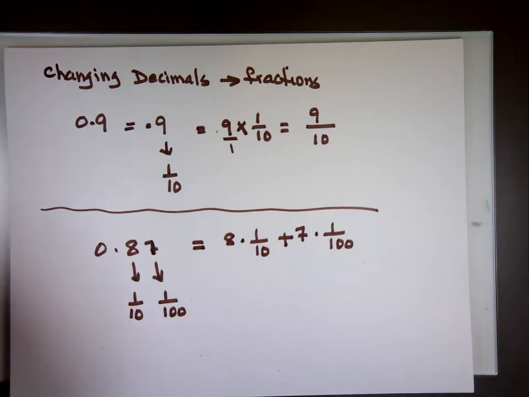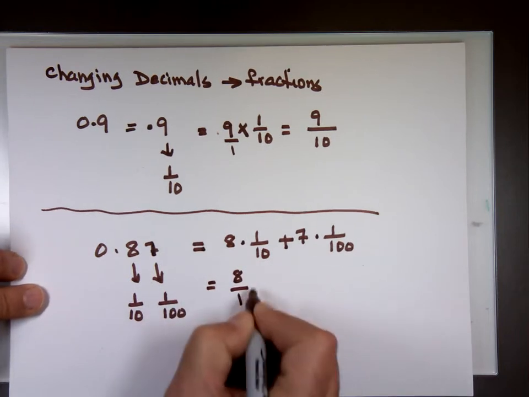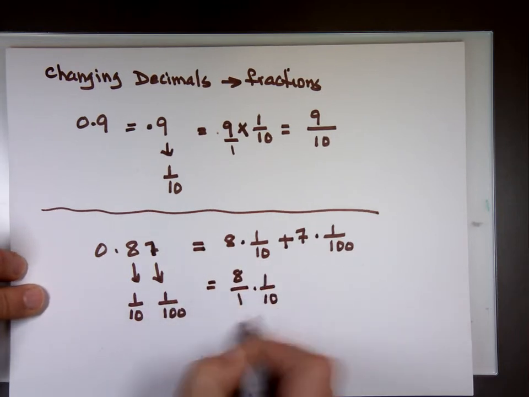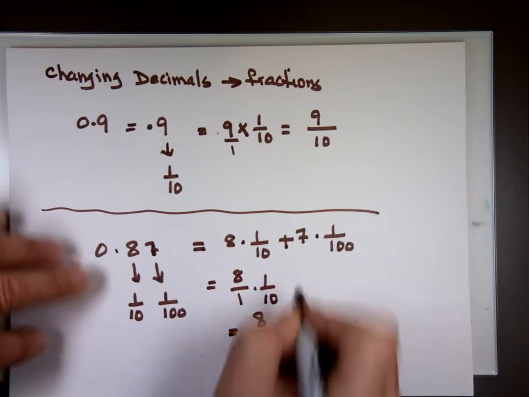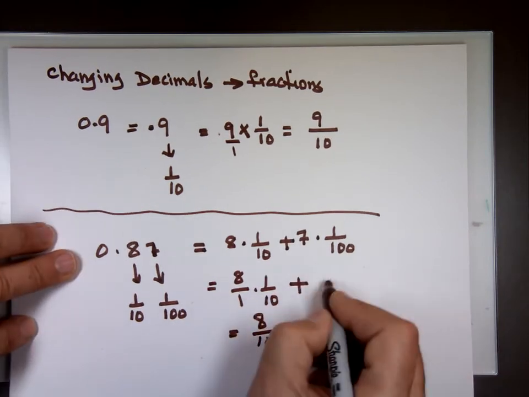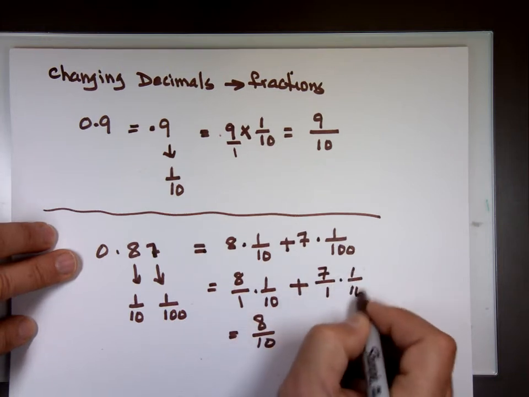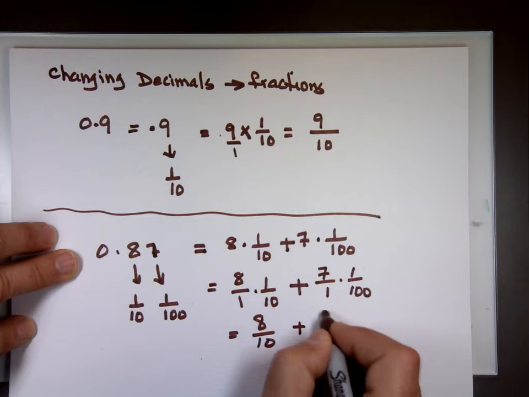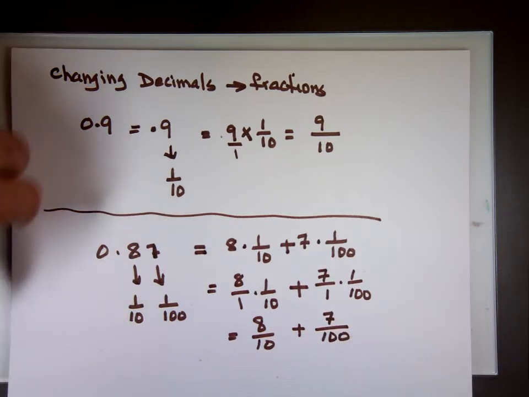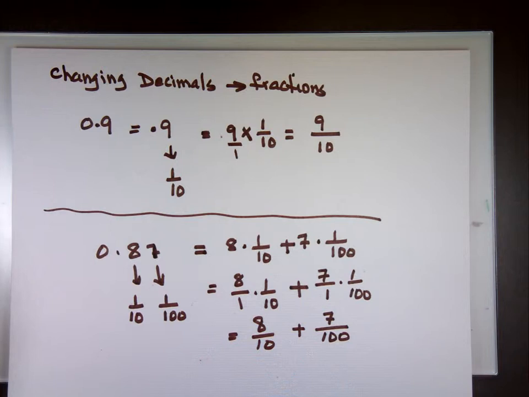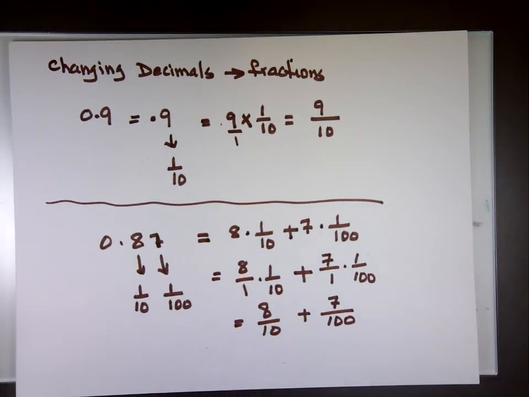If you remember the order of operations, the 8 is written as 8 over 1 times 1 over 10, which is 8 over 10. This will be 7 over 1 times 1 over 100, which is 7 over 100, from chapter 2, multiplying fractions. And now if you want to add them, we're still in chapter 2. If you want to add them, what do you need to do?